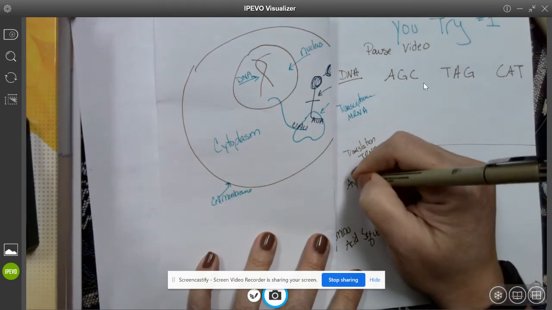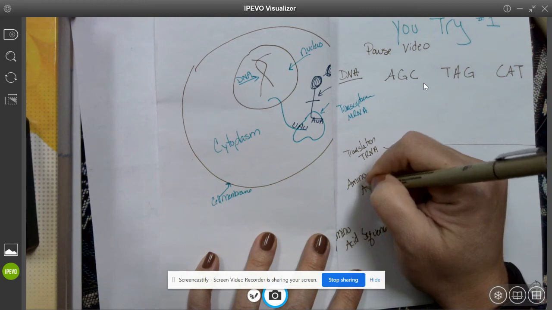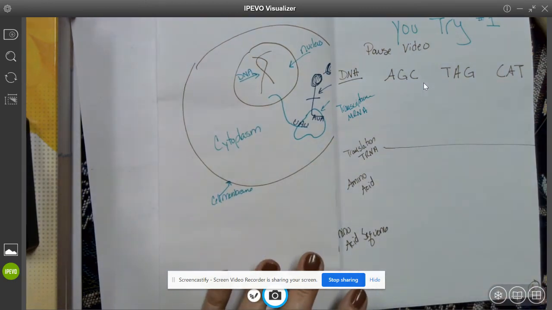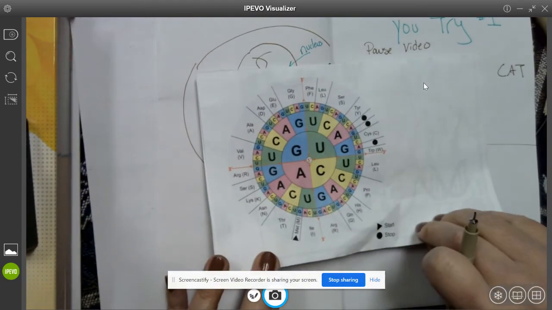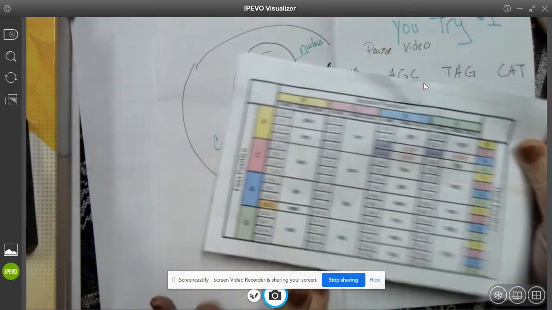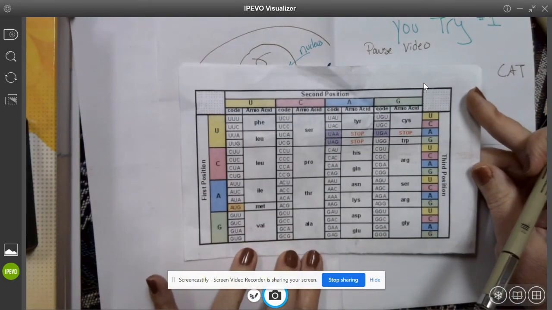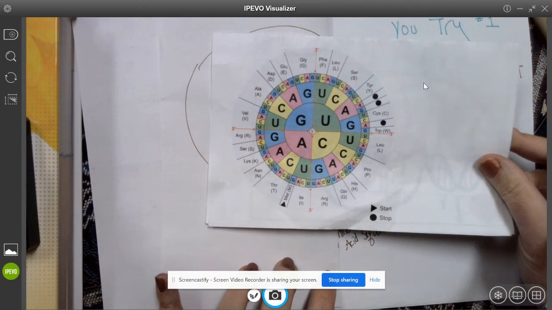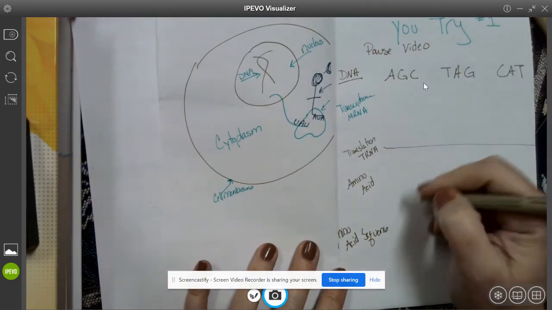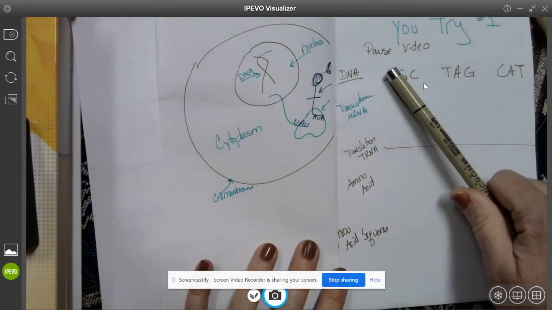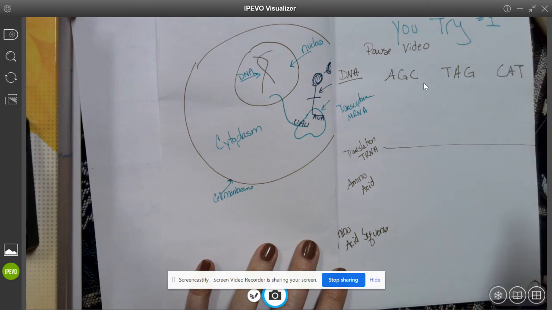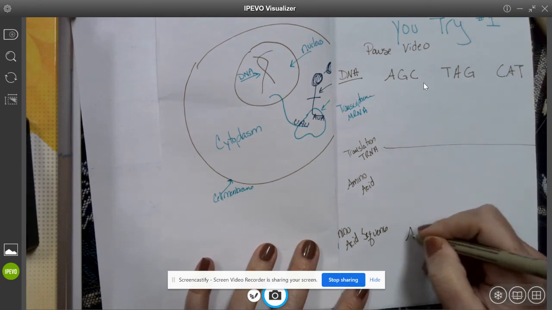And then you find out which amino acids you have using an amino acid codon chart, whichever type you prefer. You're going to give me the 3 amino acids that result from this strand of DNA. Do remember the rules for base pairing.